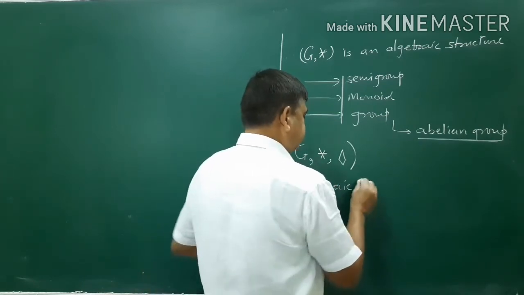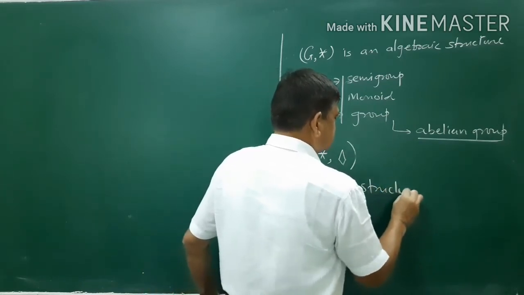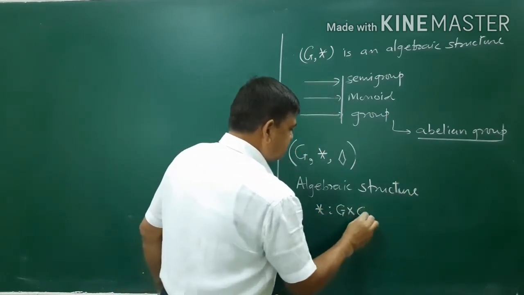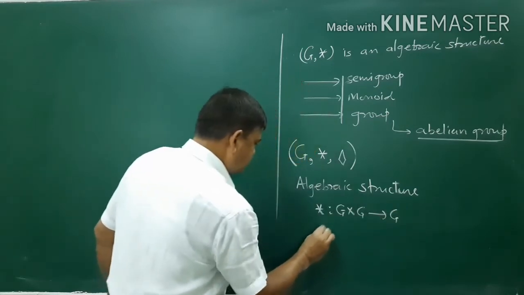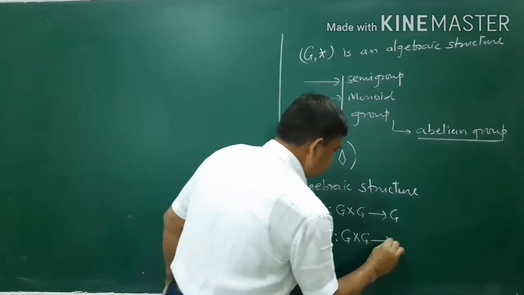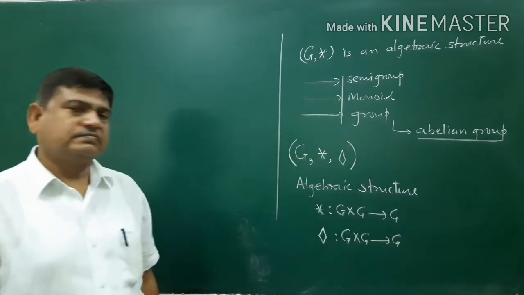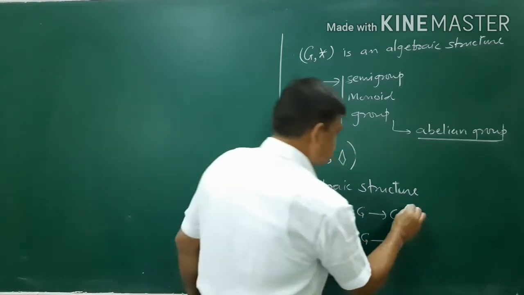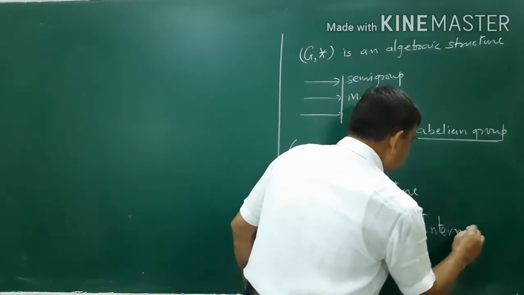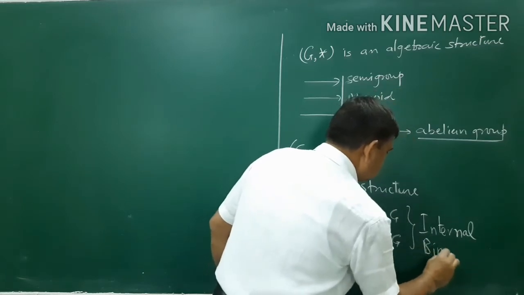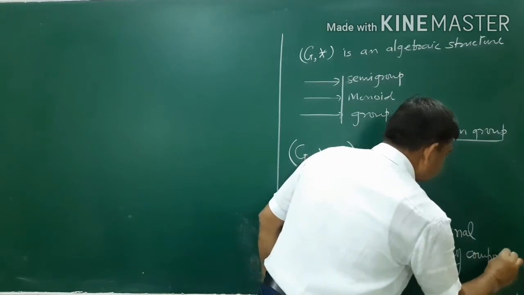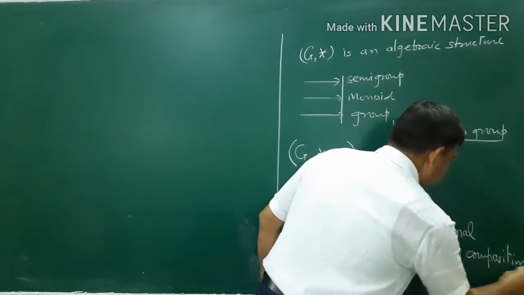Algebraic structure: G cross G to G, and this diamond symbol, again it is G cross G to G. Internal binary composition, remember.